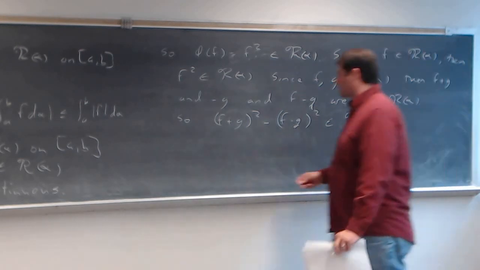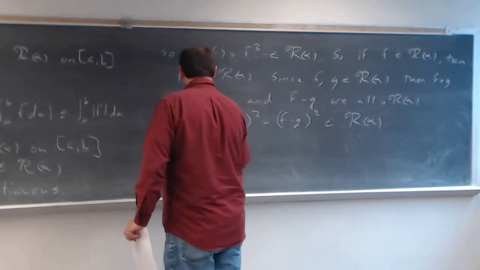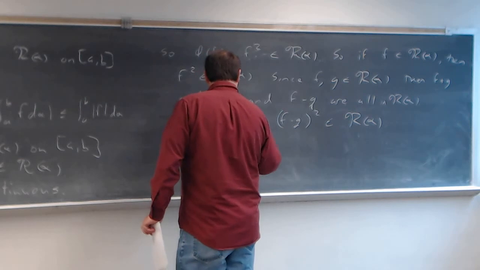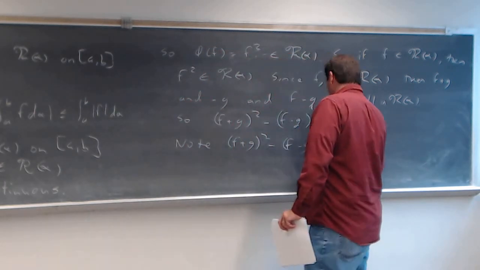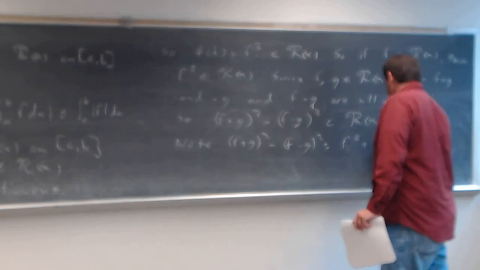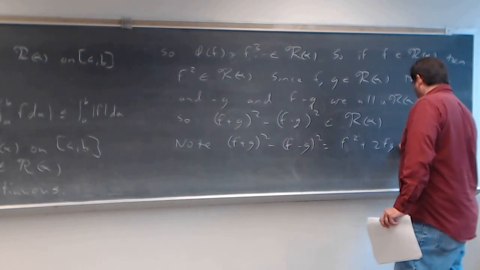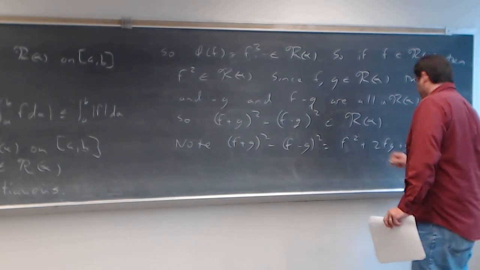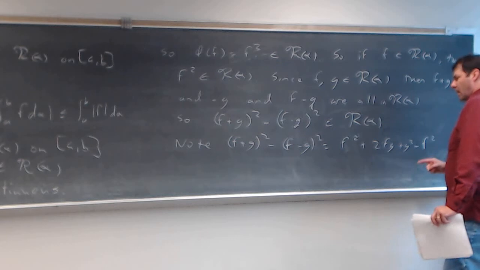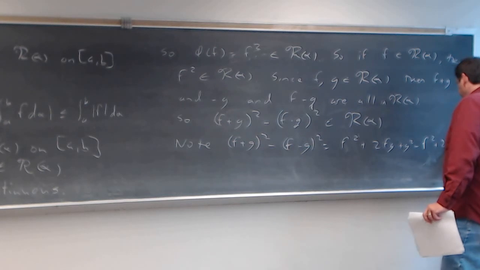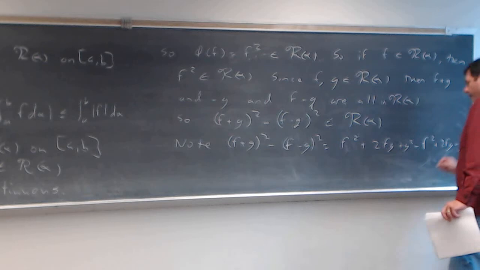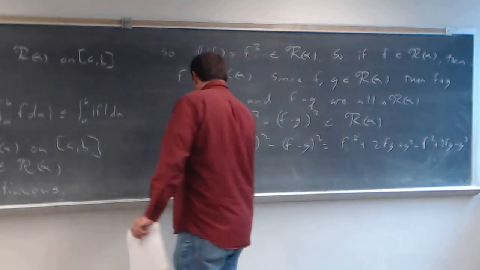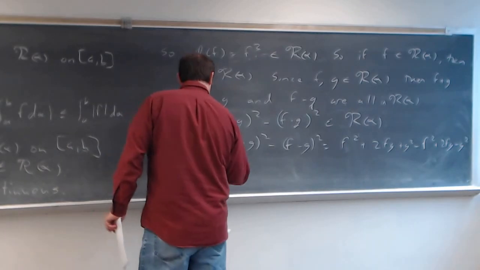So let's look at this. f plus g squared minus f minus g squared. Well, that's equal to f squared plus 2fg plus g squared minus f squared, then plus 2fg, and then minus g squared, which is equal to 4 times f times g.